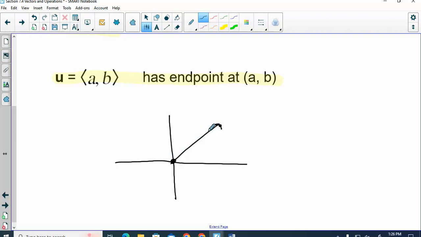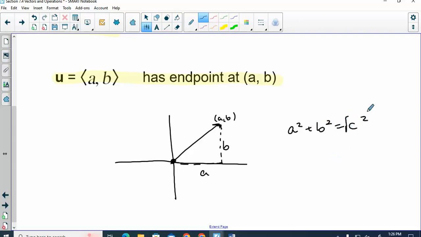And we're given formulas to find these, and they are going to be on your formula sheet, but it's actually not anything new. If I asked you to find the length of this side, and you knew this was point AB, then you would say, okay, I'm going to go over A, I'm going to go up B. How would you find your missing side? Pythagorean theorem, right? A squared plus B squared equals C squared.